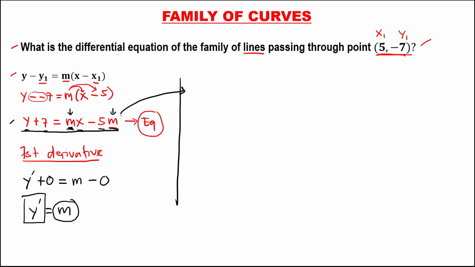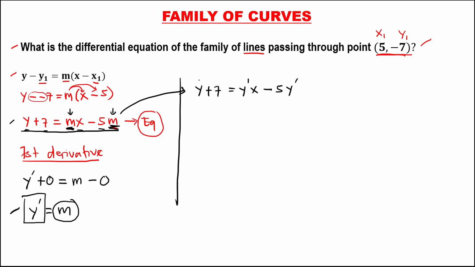From this equation, we have y plus 7 equals y prime times x minus 5 times m, and m is equal to y prime. So observe there is no more arbitrary constant, so therefore we need to equate this equation to 0.